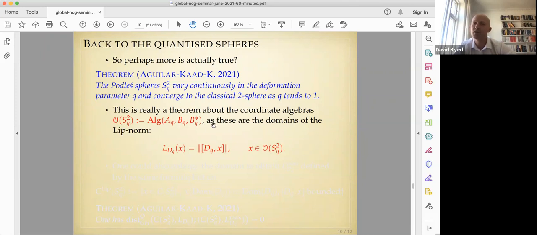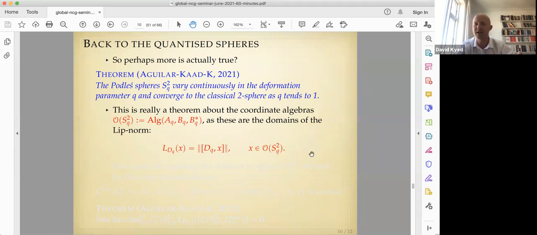And by definition, these will be the domains of the Lip norm. So I only choose this formula, the norm of the commutator, as long as x is in this coordinate algebra. And by definition, the Lip norm is set to be infinity outside of the coordinate algebra.